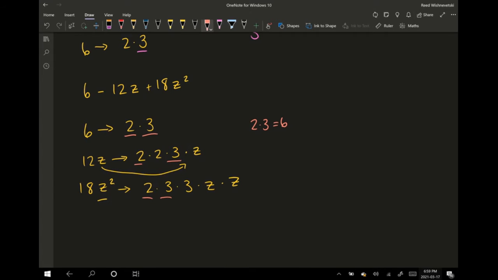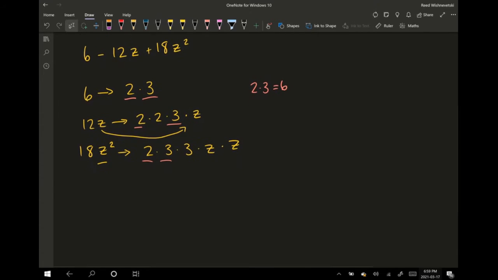So that means with our original equation right here that we can do 6 bracket, and now we start doing our side work. So 6 divided by 6, pretty easy there. That's going to be a 1. So we bring our 1 down here. Now we have negative 12z divided by 6. So negative 12 divided by 6 is going to be negative 2. And then we bring our z.